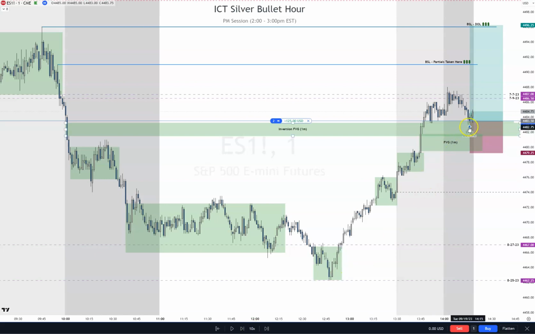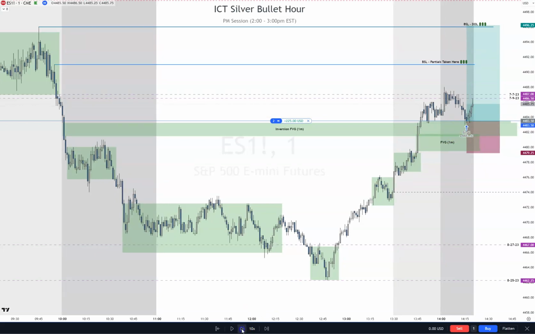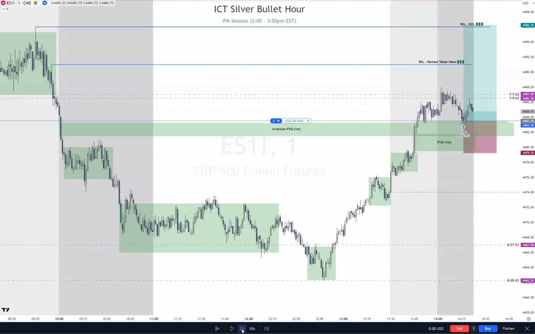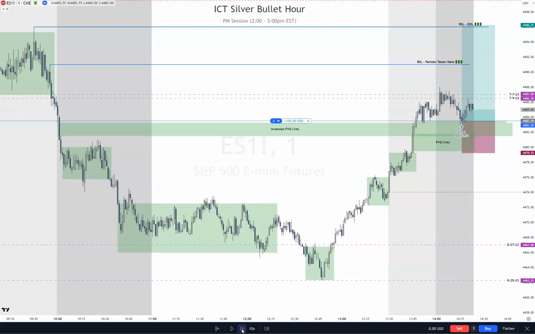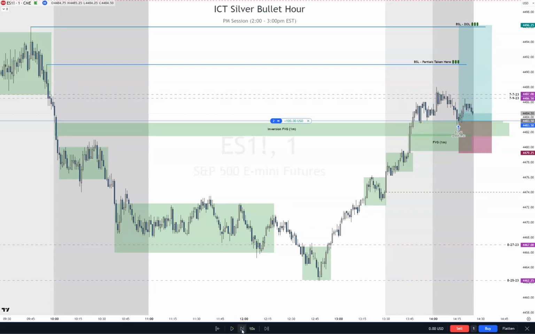See how the bodies are respecting that fair value gap and then inversion fair value gap. I'm just kind of hanging out there. I'm looking forward for when it punches through the new week opening gap. Well, right now it's acting as resistance. I'd like to break through it so it actually acts as support.